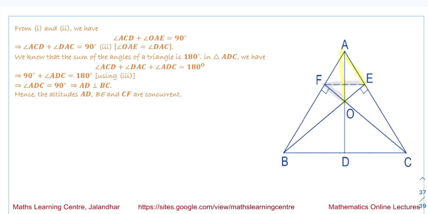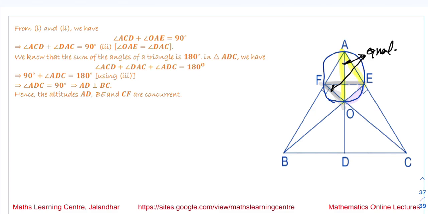Because if it is a cyclic quadrilateral, then we have a circle over here which passes through the points A, F, O and E. Now look at this segment OE. On this segment we have this angle at A and this angle at F, and both these angles are equal.